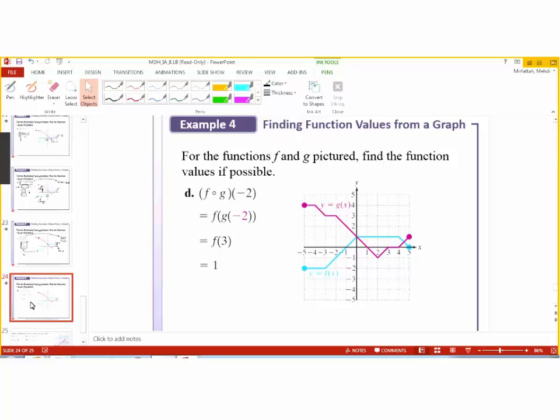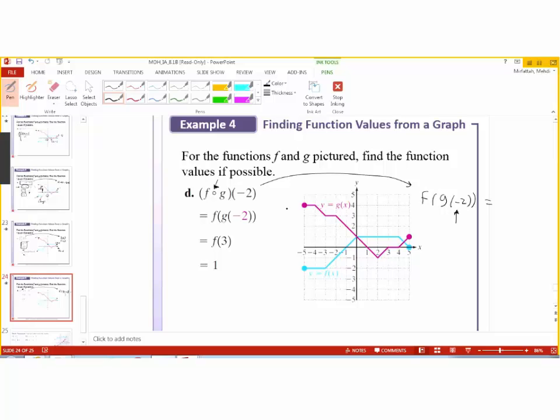Now, composition of f with respect to g of minus 2. Again, we have to translate this into f of g of minus 2. When you translate this, you don't have this little funny symbol anymore. You see that? And you don't say the word composition anymore. You just say f of g of minus 2.